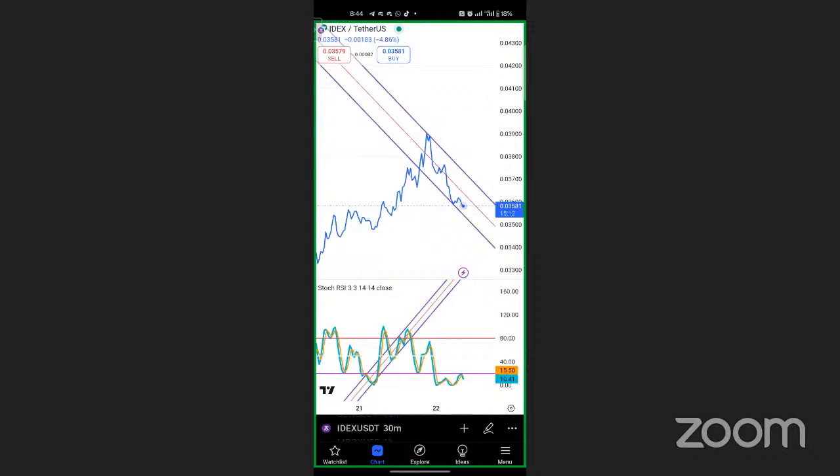So am I clear? Like you draw these on your chart, you can also draw them on an indicator. Give me a yes in the chat if I'm clear.